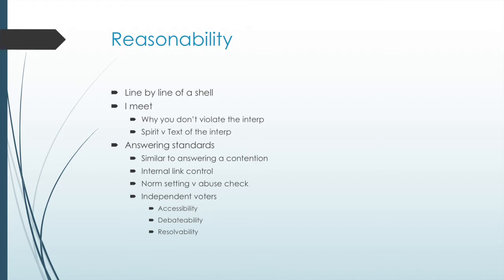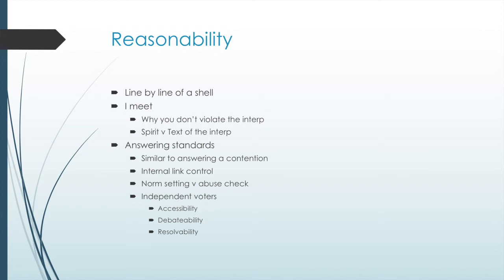So for instance, if your opponent read strat skew, and then in your counter shell you mentioned ground, you can say that ground is an internal link to strat skew because we can't have any multiple strategies at all if we don't have ground to begin with, which means that any impacts that come from strat skew come from ground. So if you are doing that, that's basically a way of outweighing or making your standard come before anything that your opponent's standards do if you can win an internal link claim. So that's a really strong form of reasonability there.